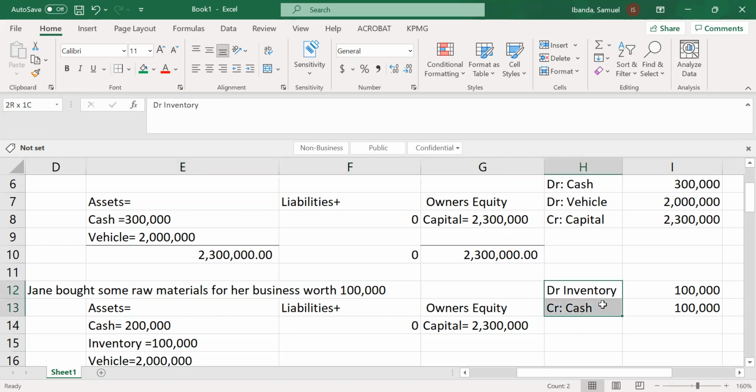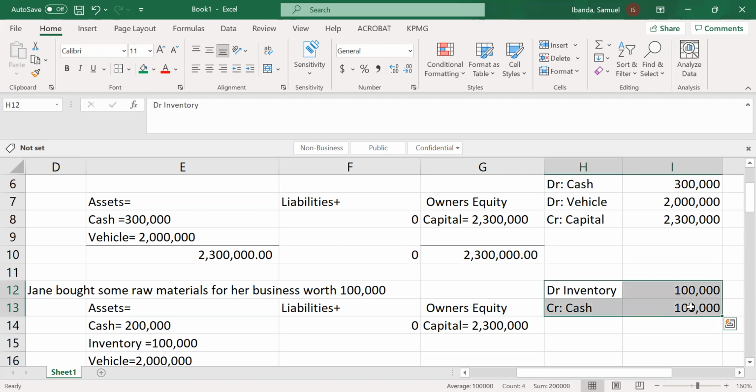Now, when we come to the double entry, the T accounts, we look at the effect of the transaction on the account, not what is remaining. That is why for inventory, we debit inventory with 100,000 and credit cash with 100,000, because cash is being affected by this transaction by only 100,000.